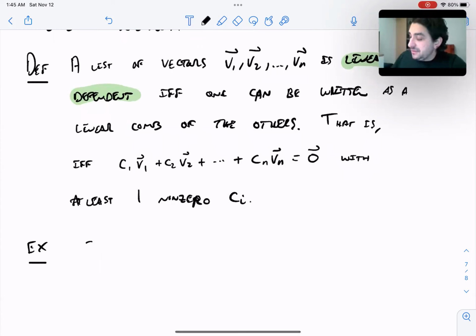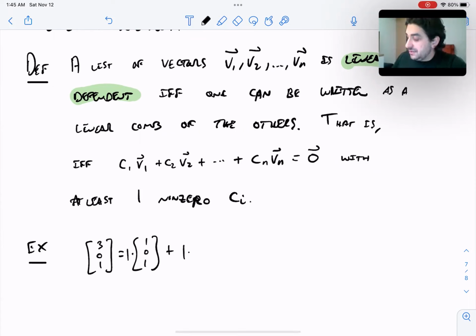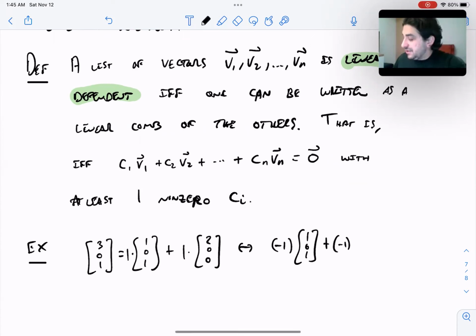How is that equivalent? Well, think of that previous example where (3, 0, 1) was expressible as a linear combination of the other two: 1 times this one plus 1 times that one. If you just throw everything on one side, that's the same as saying negative 1 times (1, 0, 1) plus negative 1 times (2, 0, 0) plus 1 times (3, 0, 1) equals (0, 0, 0).